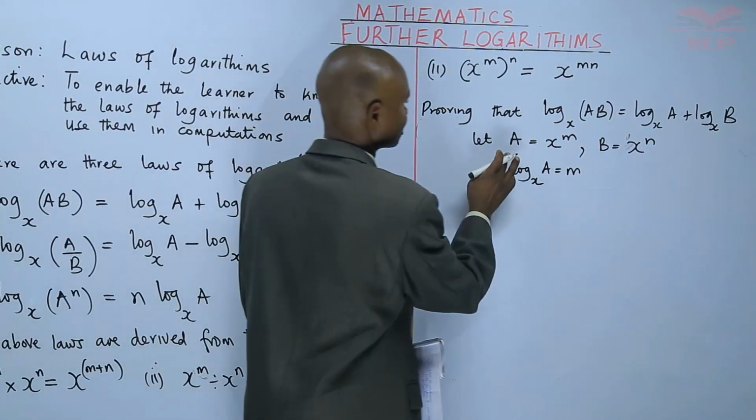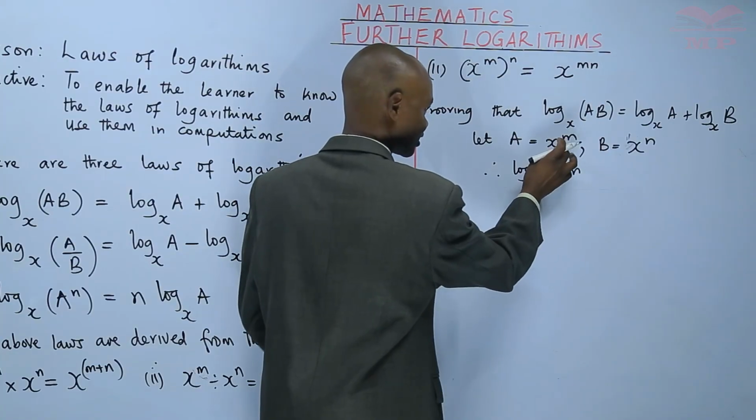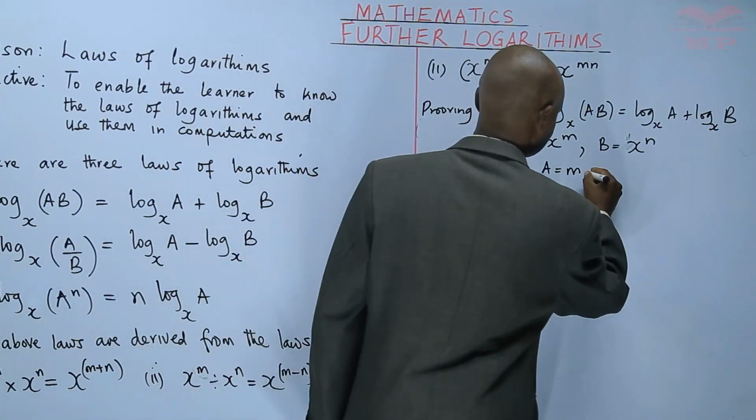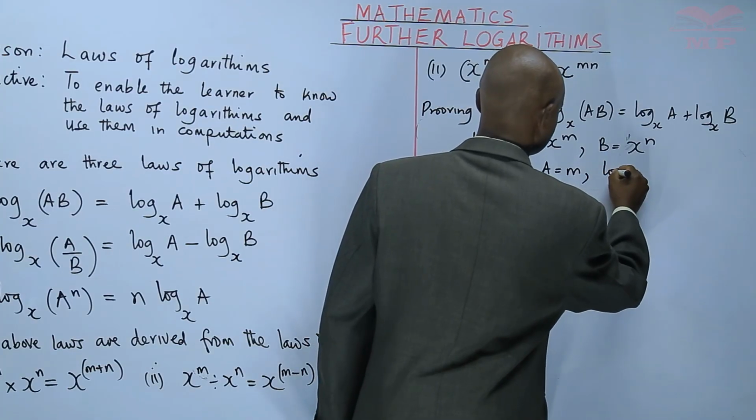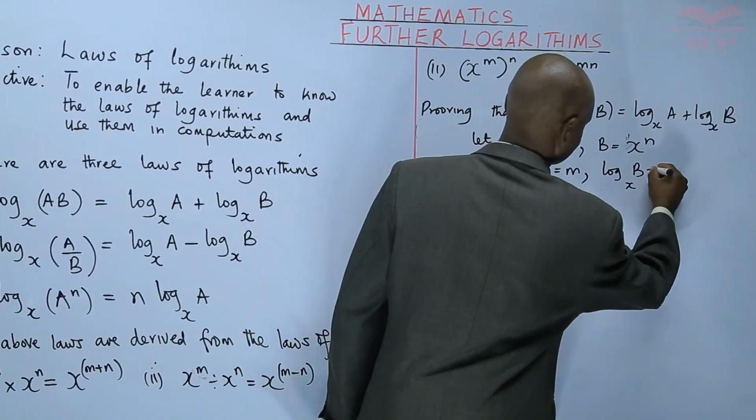This is always the base, that is the base that will give you m. Consequently, for the second one, log of b to the base x is equal to n.